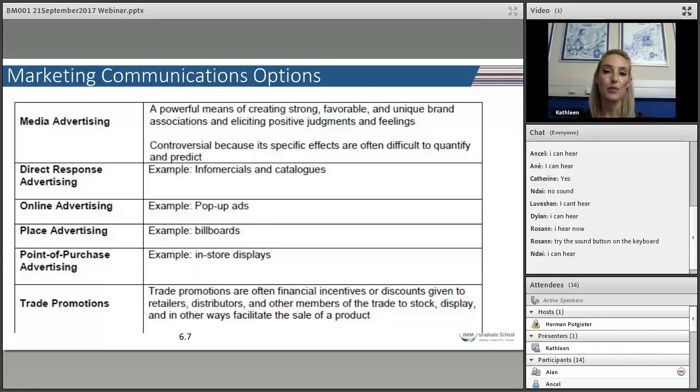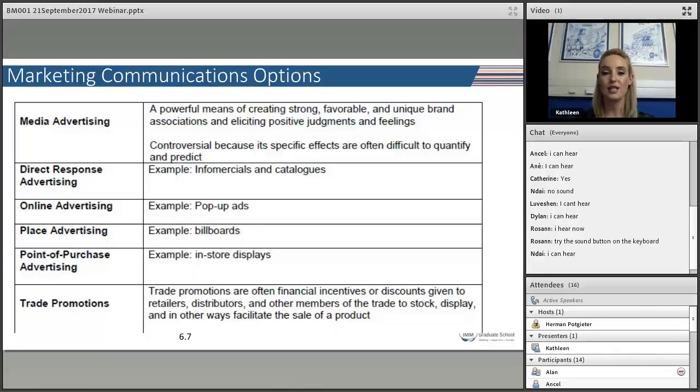The next type that we look at is online advertising. Obviously, this is one of our new media options. And an example would be pop-up ads or banner advertising or anything else that you would come across if you were online.